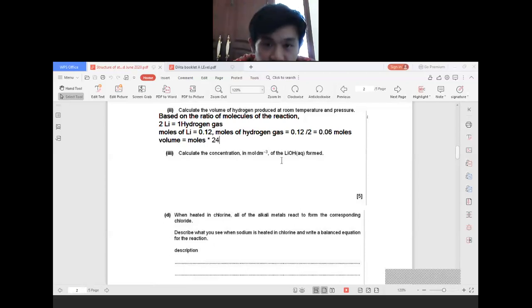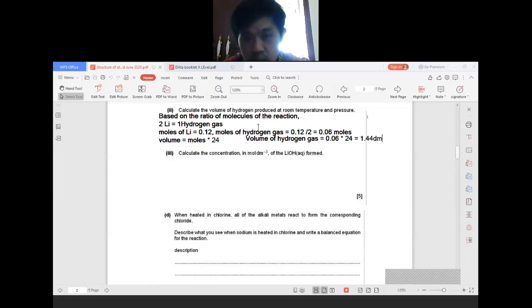So the volume of hydrogen gas equals 0.06 multiplied by 24, which becomes 1.44 decimeter cube.